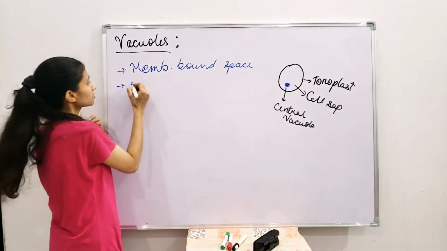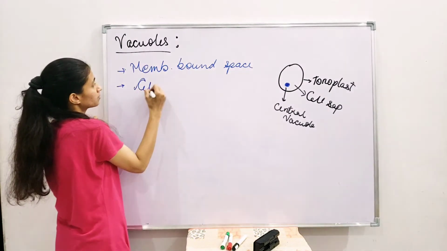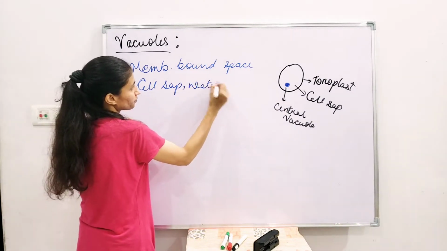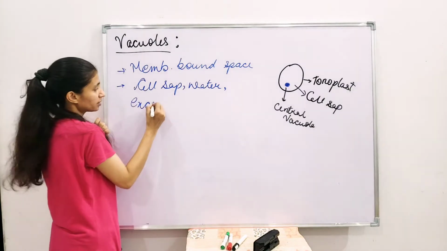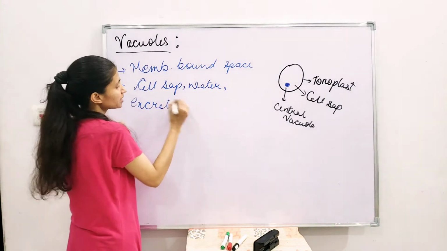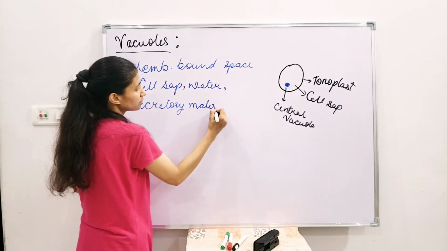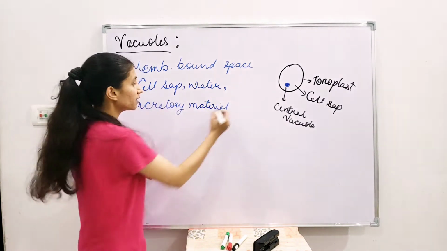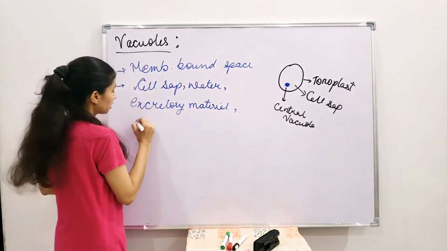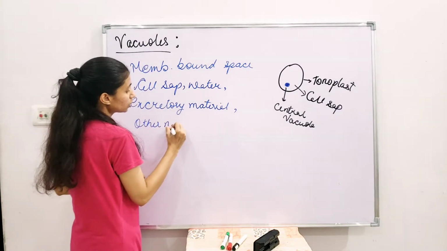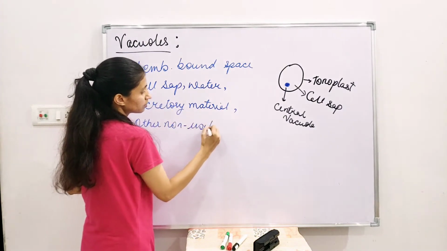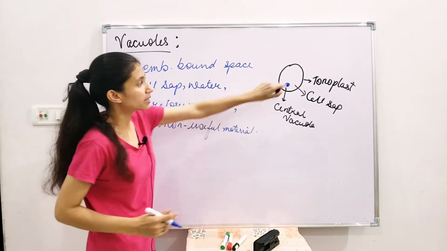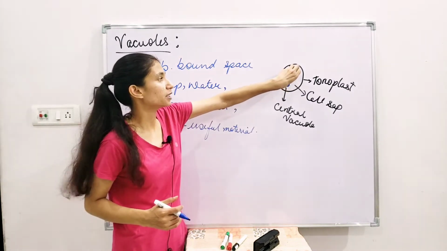It contains cell sap, water, and some excretory material. Excretory material is the waste material generated by the cell due to cellular respiration, and you will also find other non-useful material inside this cell sap, present in the lumen.